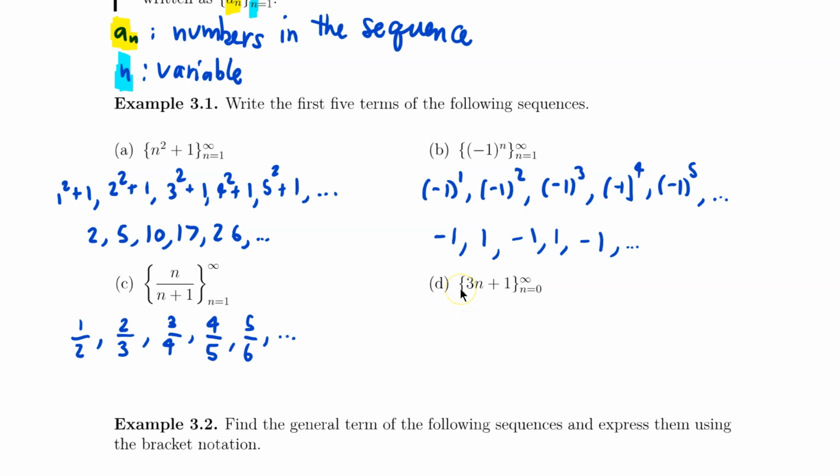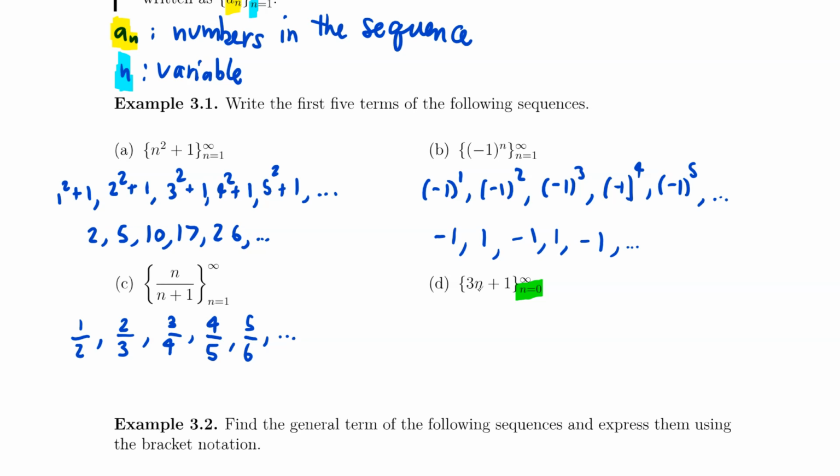Notice how in the next one, my number is going to be just 3n plus 1. But for this sequence, the starting value of my variable is now 0. So instead of starting at n equal to 1 like all the other three, I'm going to start my variable n at 0 now.